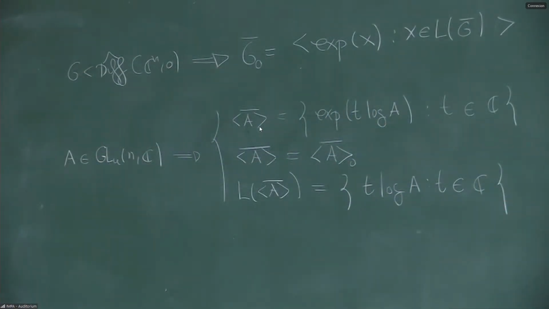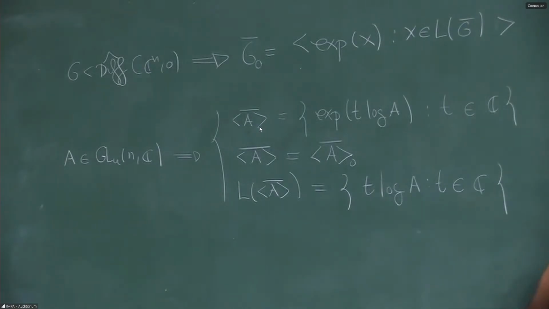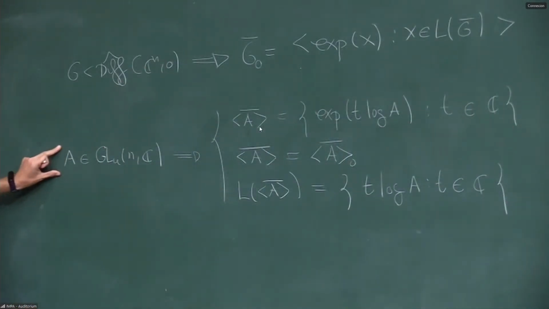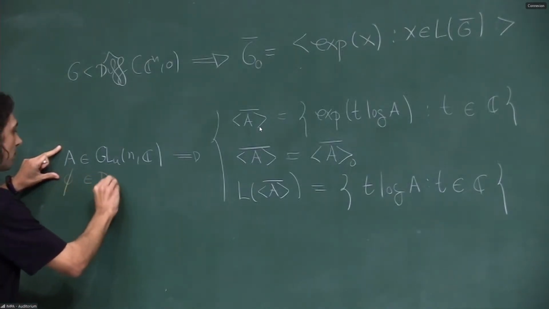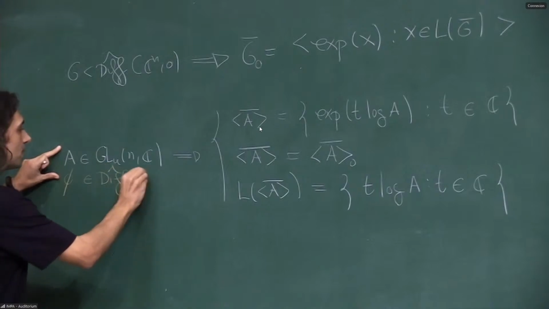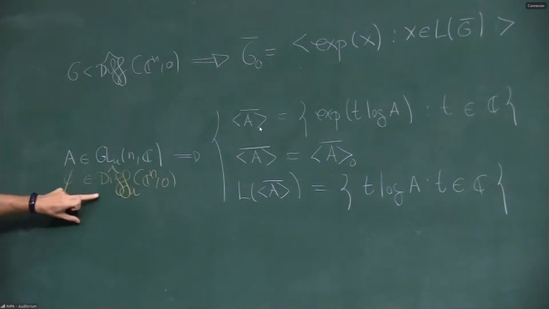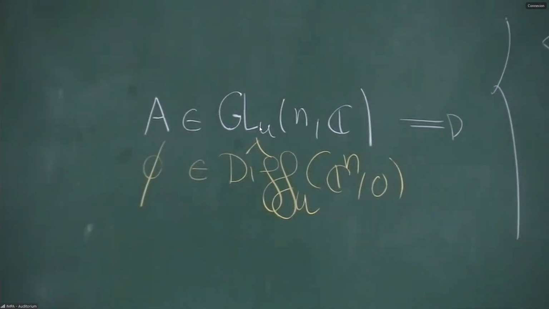What's going to happen is that if you change here the setting, and instead of considering a linear operator that is unipotent, you consider a formal diffeomorphism such that it's unipotent, and I remind you that this means that the linear part is a unipotent linear operator, then everything works the same.